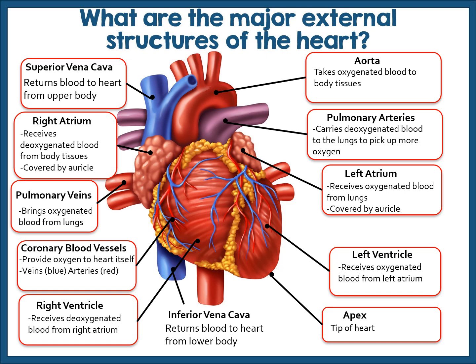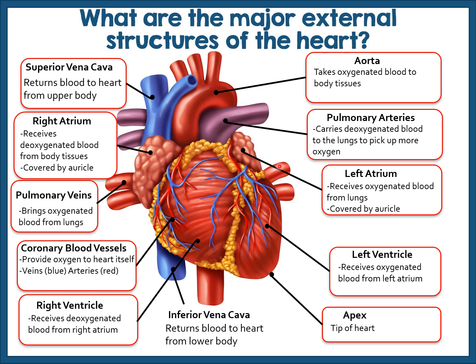So we're going to also be able to locate the atrium because it's going to be underneath this structure here. This is the auricle. And then going into that atria is going to be our pulmonary veins. Remember, veins return blood to the heart, while arteries take blood away from the heart.